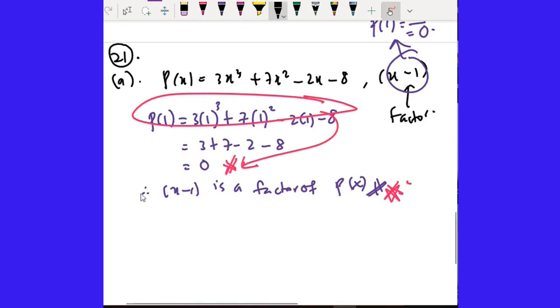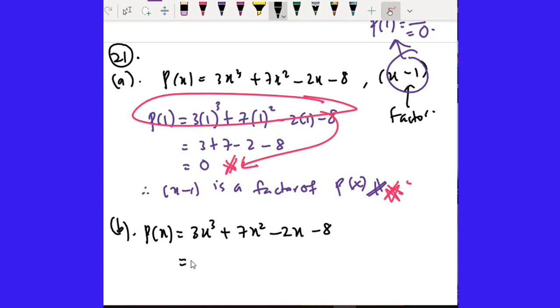Settle for part A, now part B. Express P(x) as a product of three linear factors. Okay, so P(x) is equal to, write down the general form. This is the polynomial. Then the first linear factor. What is the first linear factor from A?